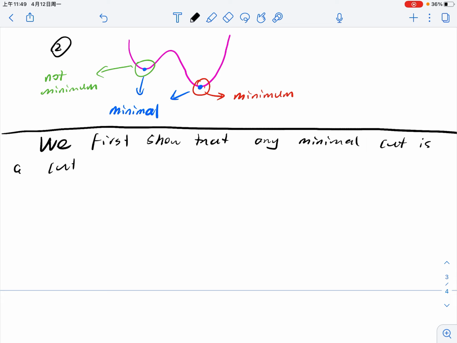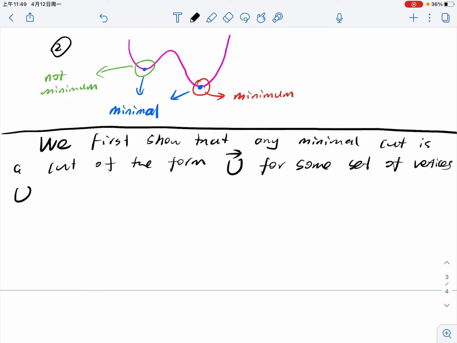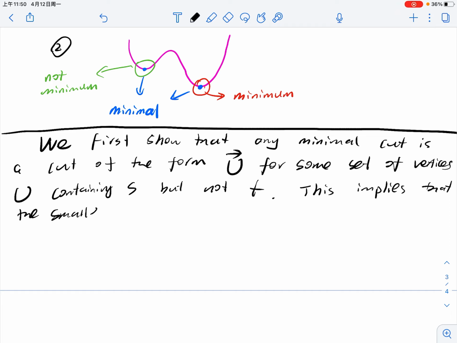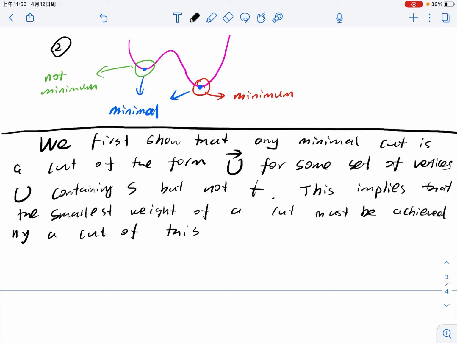So it's a cut of the form U right arrow for some set of vertices U containing S but not T. And then this implies that the smallest weight of a cut must be achieved by a cut of this form.